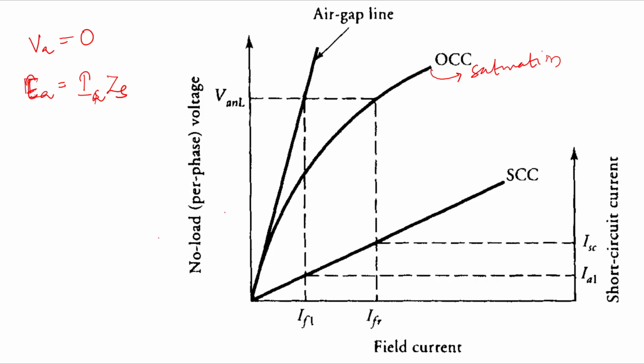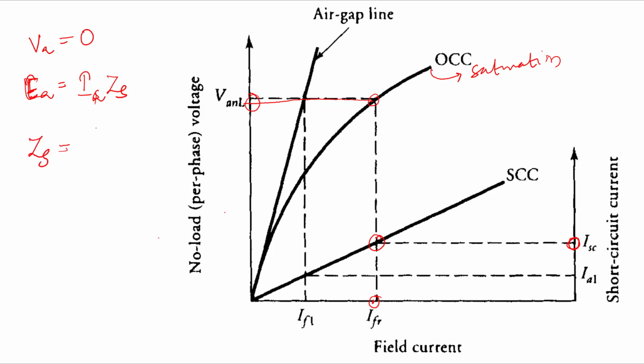So from the open circuit, let us say under SC, the short circuit current is the rated current of the generator, and I got the field current, let us call it IFR. Now corresponding to this IFR, I can find the voltage, right? Whatever voltage I get, if I divide it by IA, or ISC, I will get the impedance, right?